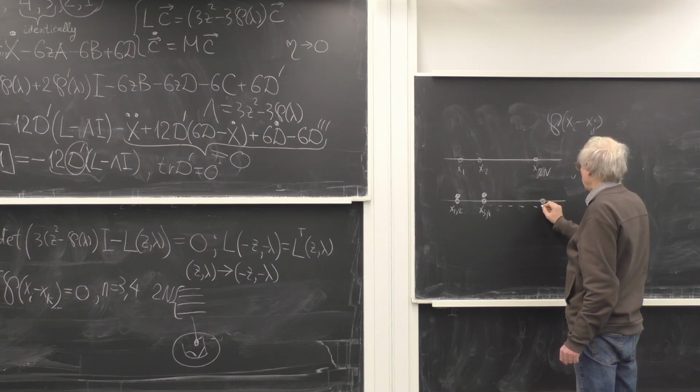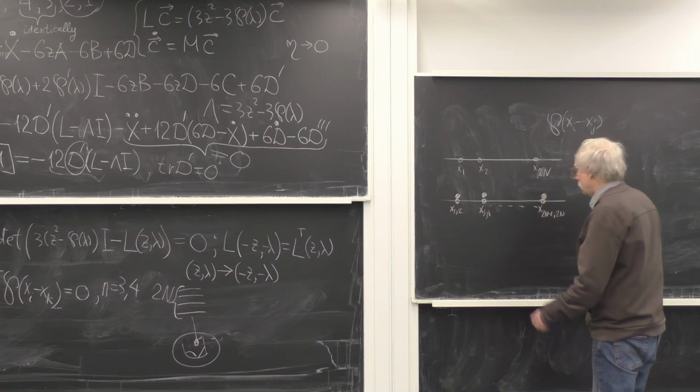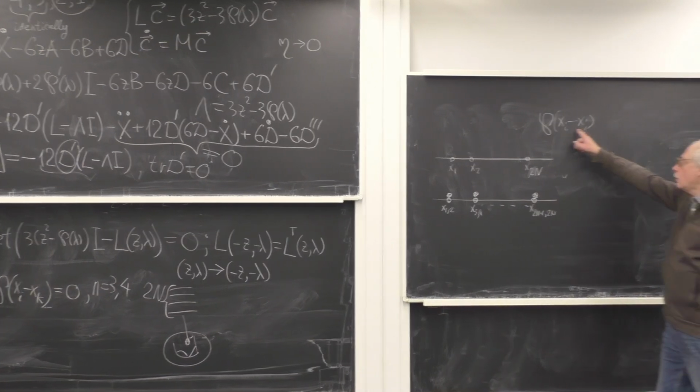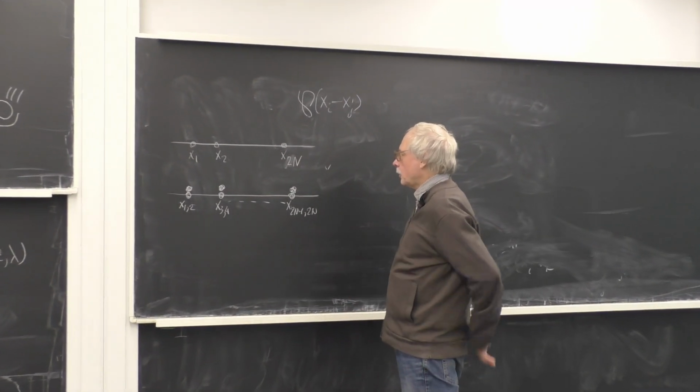Here we have x2n minus 1 and 2n. Two particles in one and the same point. Such a strange configuration. Of course, it is singular, because this function has a pole when two points coincide.